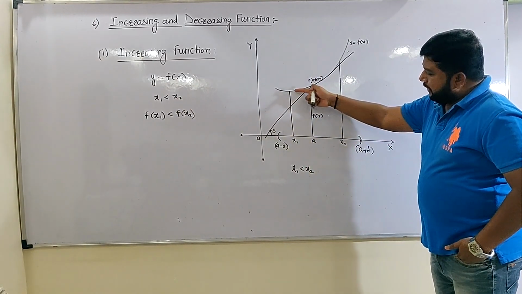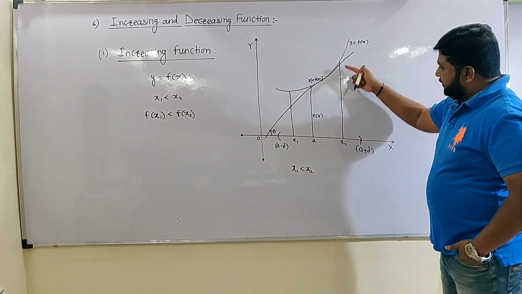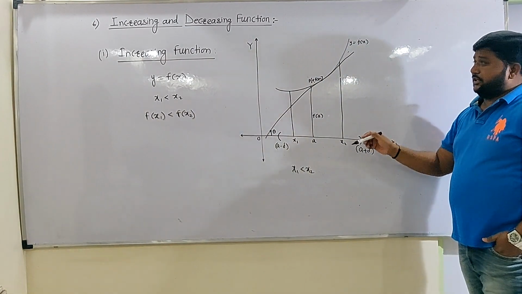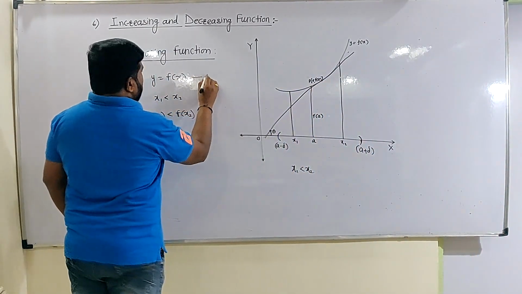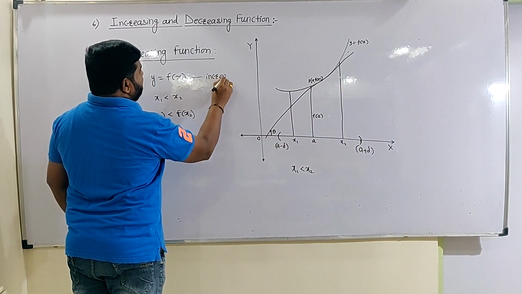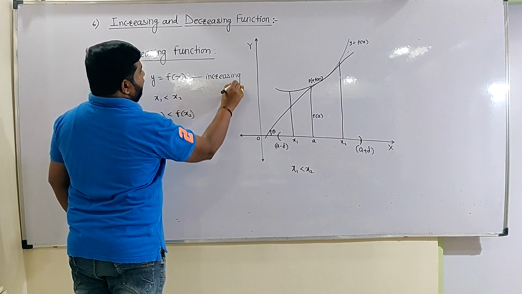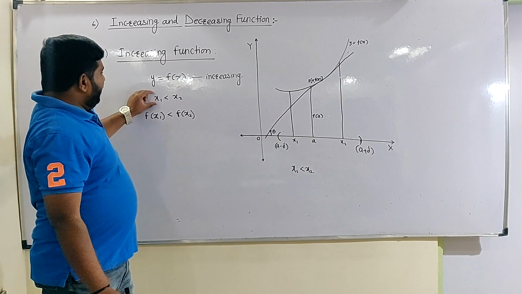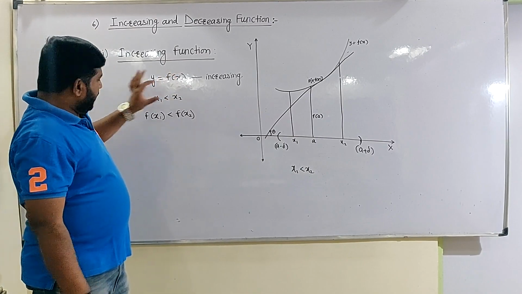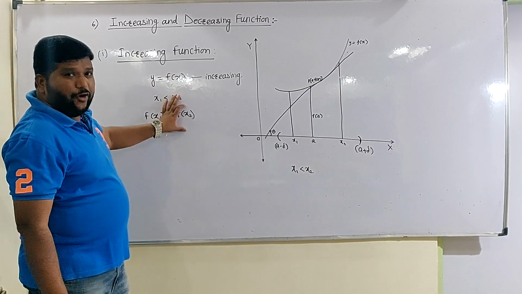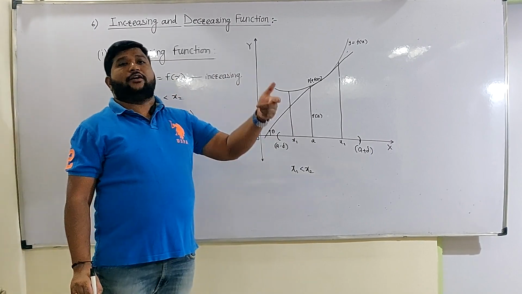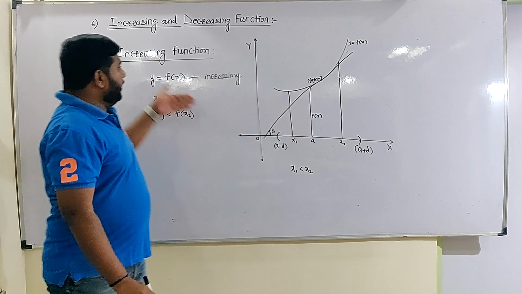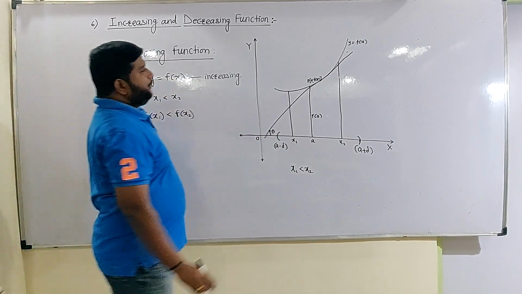It means f of x1 is less than f of x2. Then we say that this function is strictly increasing. When x1 is less than x2, then f of x1 is less than f of x2, we say the function is monotonically or strictly increasing function.